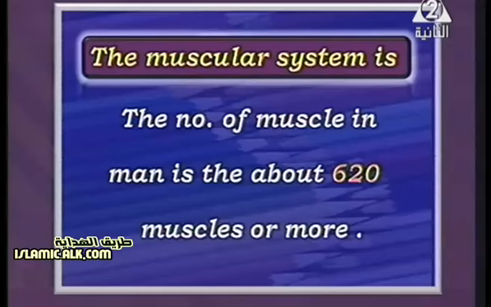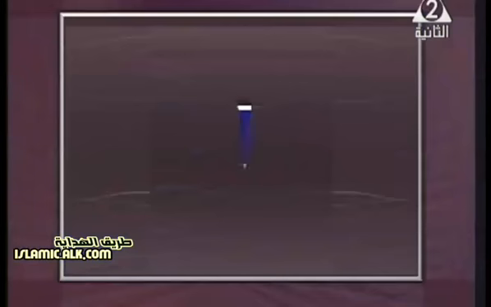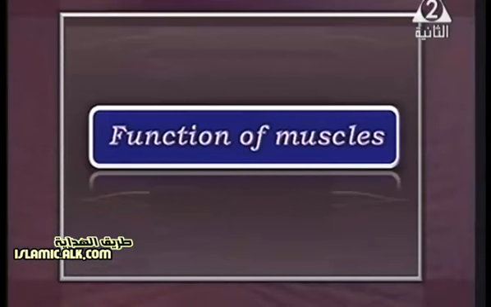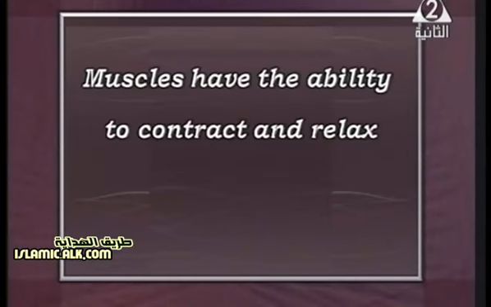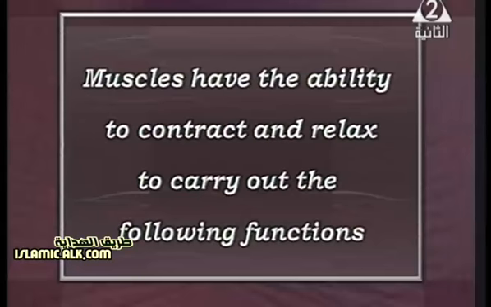And we need to know the function of the muscles, and after that we go directly to study the different mechanisms of movement of muscles. We have different functions for the muscles. Like what? All muscles have the ability to contract and to relax, to carry out different functions.